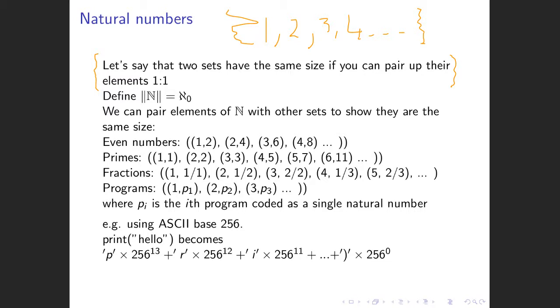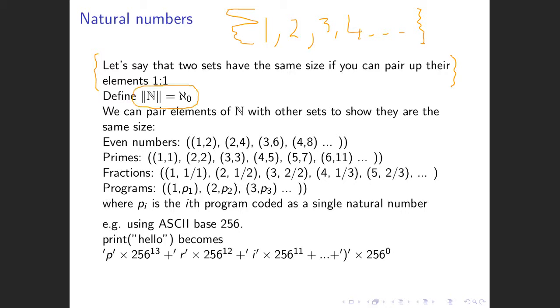So it's possible that there are other sets which are the same size as the natural numbers. And we give this meaning by saying this occurs when you can find a one-to-one mapping between natural numbers and things from your other set. So let's give a name to the size of the natural numbers.